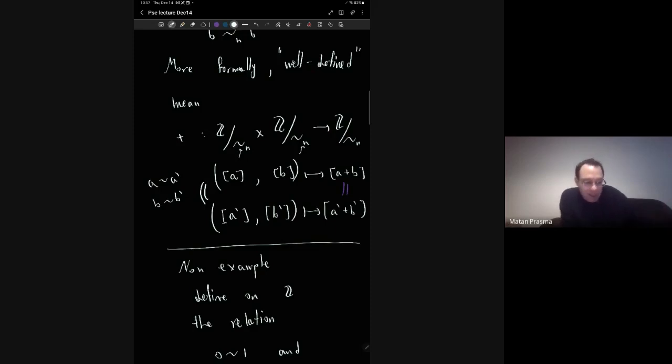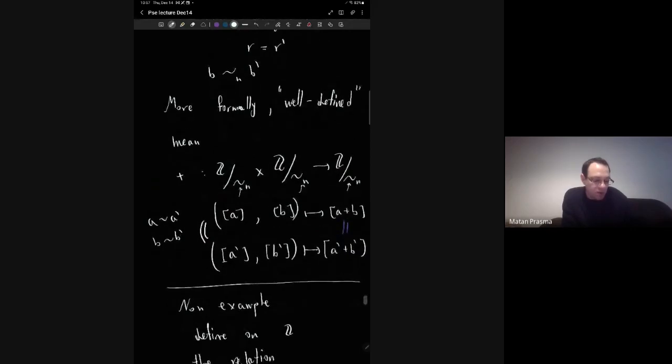But this is the particularly nice property of modulo n, and in fact also of modulo phi.